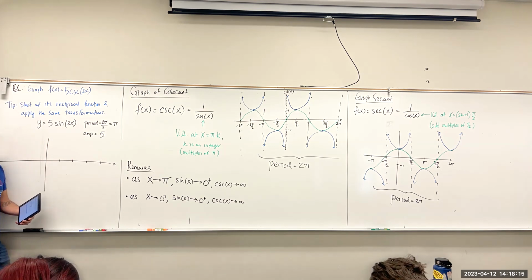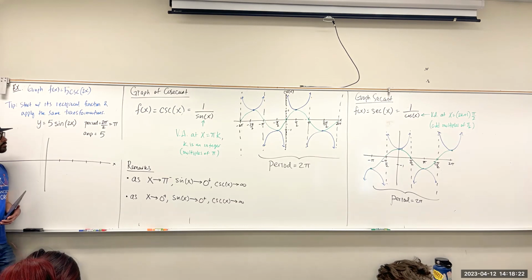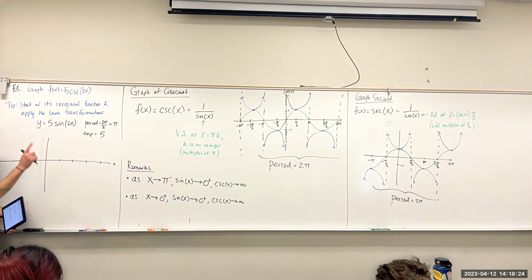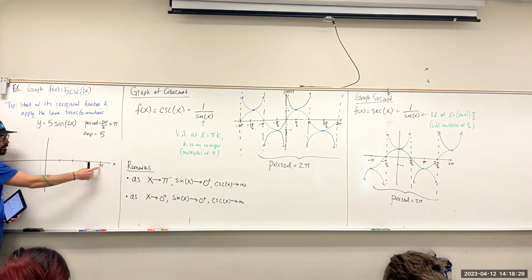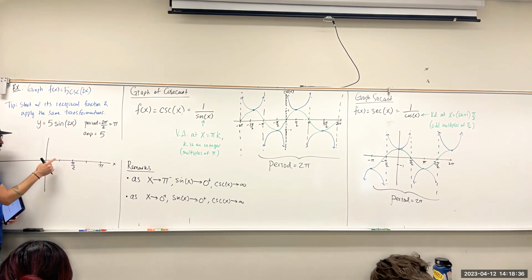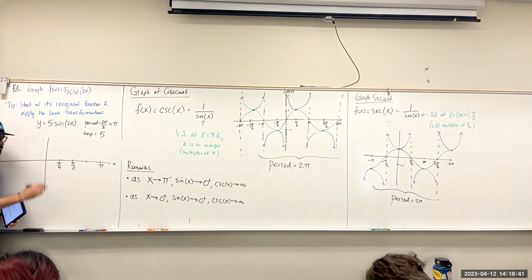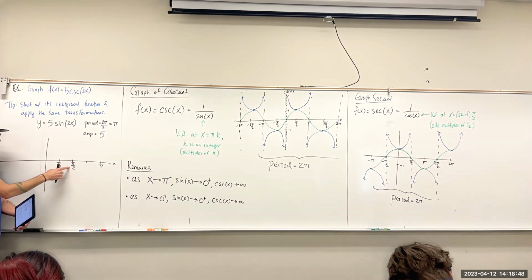I'm gonna show you a different way. Instead, you start with the period. So the period's supposed to be pi, right? I know the period has to be pi. Therefore, I halve that to get the halfway point. So what's half of this? Pi over 2. And then this one is half of this one. Pi over 4. You see that? So I know my period is pi. So halfway is half of that.